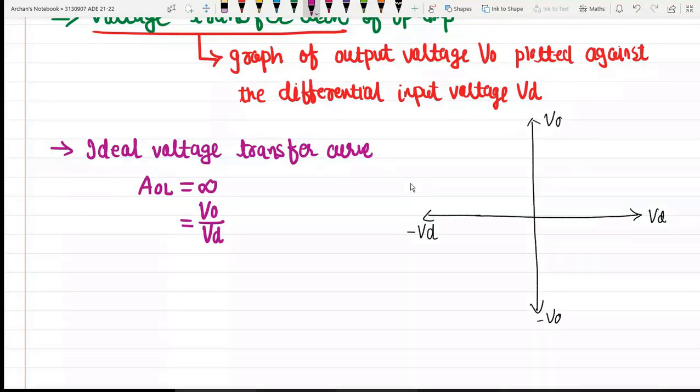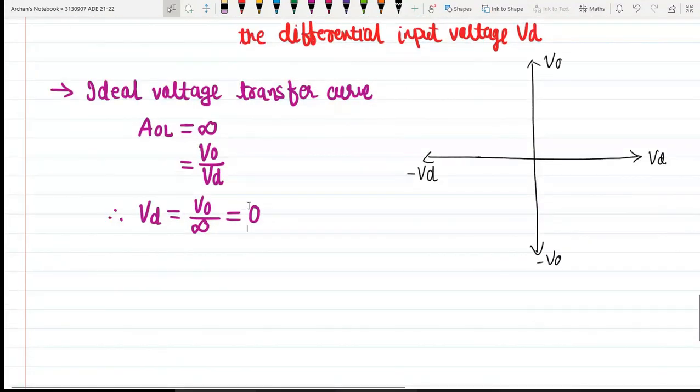So the value of this ratio V0 by VD is infinite, such that VD is equal to V0 by infinite, and that should be equal to 0. So this is our ideality. The difference voltage VD will be equal to 0, and then we get the output voltage V0 equal to infinite. So V0 in this case would be equal to A0L times VD.